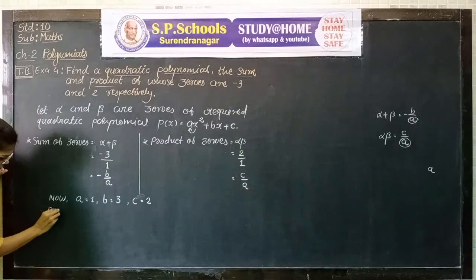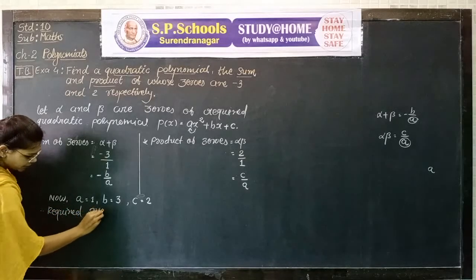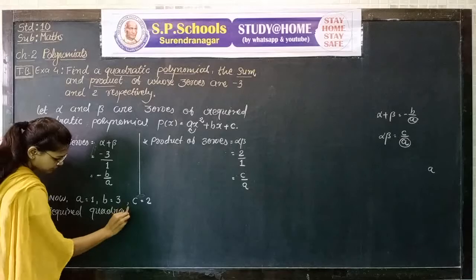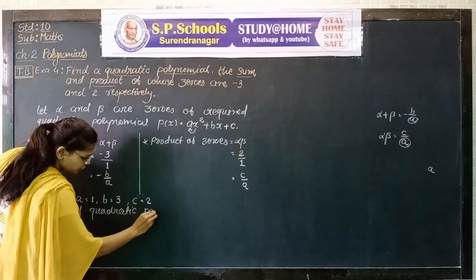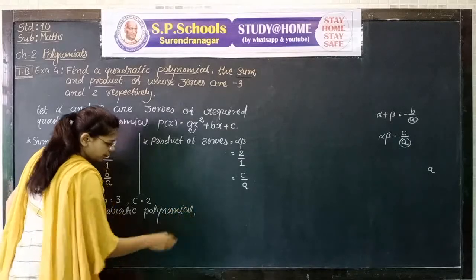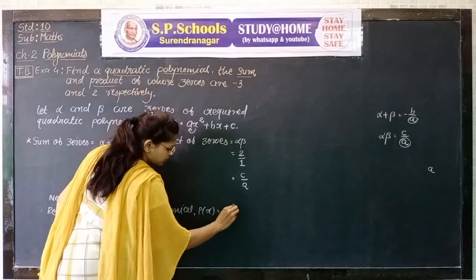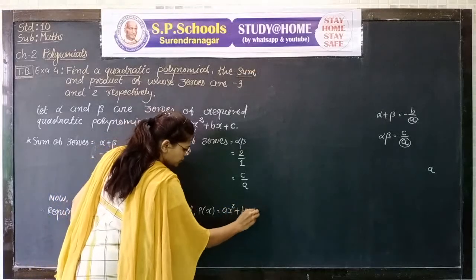Therefore, the required quadratic polynomial: we know the standard form, p of x is equal to ax square plus bx plus c.